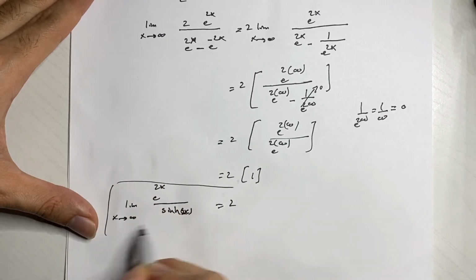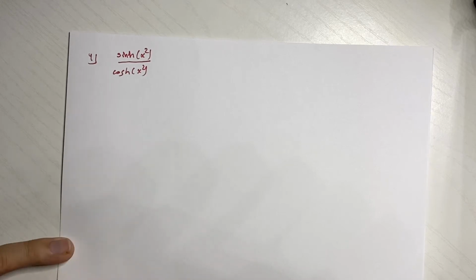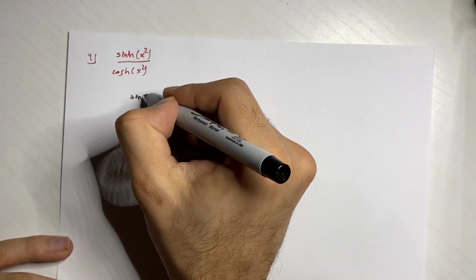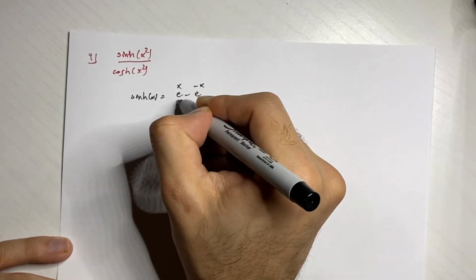For part 4, we have this function for which we want to find the limit as x goes to infinity. So again, we start with the definitions of sinh and cosh.